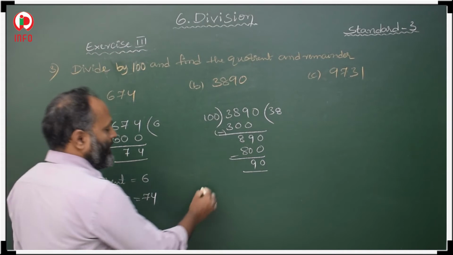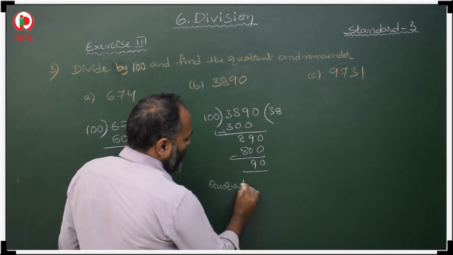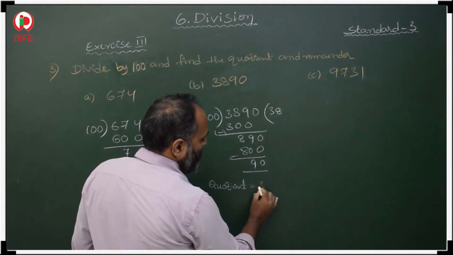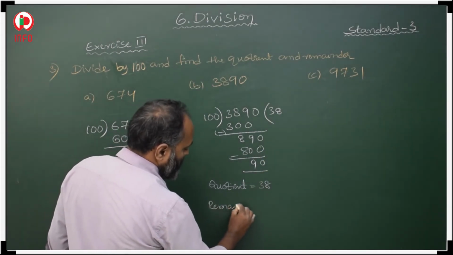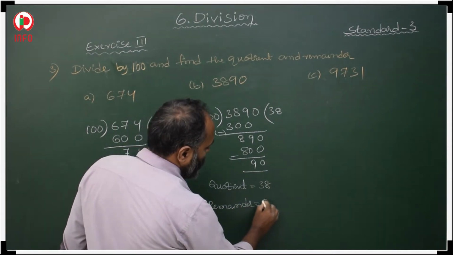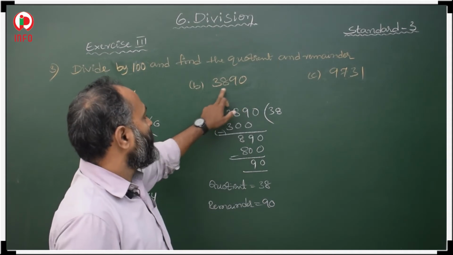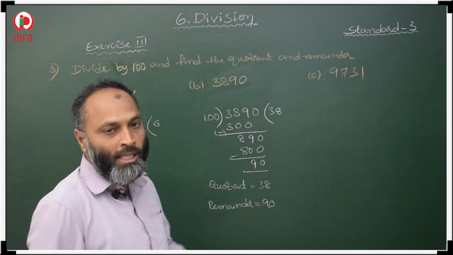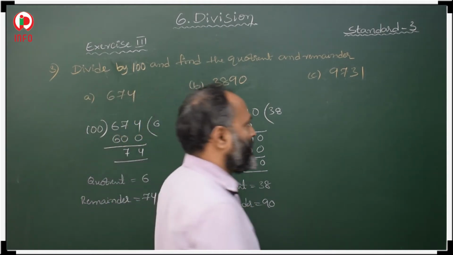Now the quotient is 38, remainder, the last 2 digits, is 90. These two are the remainder and these two are the quotient. Last 2 digits are your remainder, the rest of the places are your quotient.